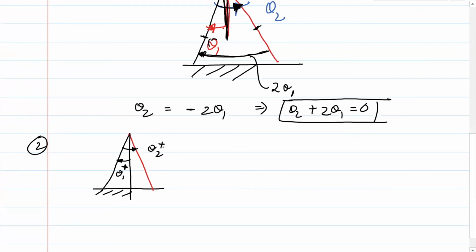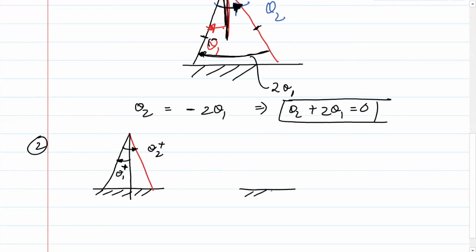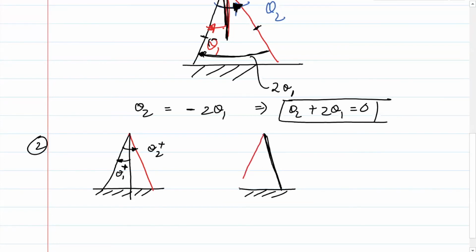I denoted it by positive just to indicate that it's after collision. What we are doing now is swapping the legs. We want to make the red swing leg become the black leg. We want to swap it with the black one.